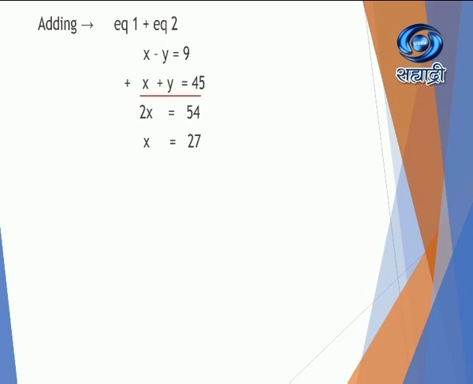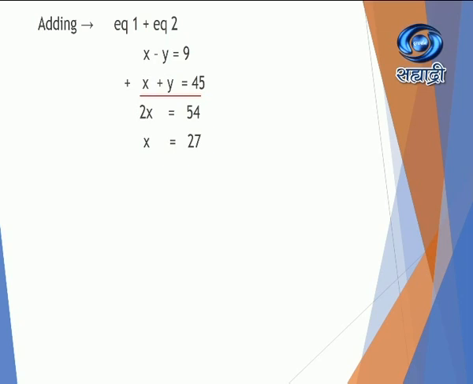Here, what I have done is equation 1 plus equation 2, that will give me x minus y equal to 9 plus x plus y equal to 45. You can immediately make out that y is getting eliminated and I get 2x is equal to 54. Ultimately, x is equal to 27. So here we got the value for x.